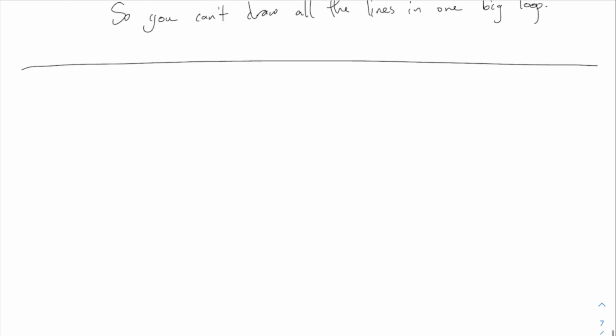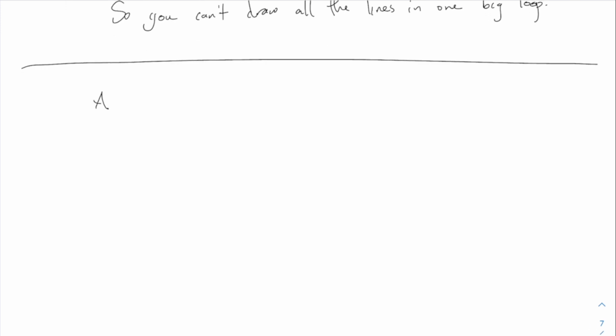But I will remind you, if there are all evens, maybe I can write it a little differently. If there's all evens, then there's an Euler circuit. Can I say it this way instead? If the number of odds is 0, this means there is an Euler circuit.